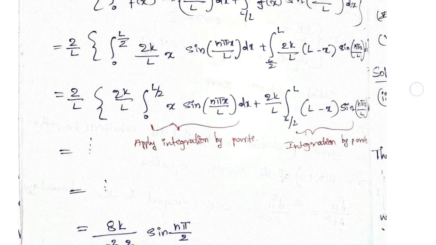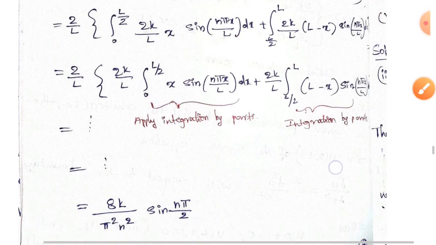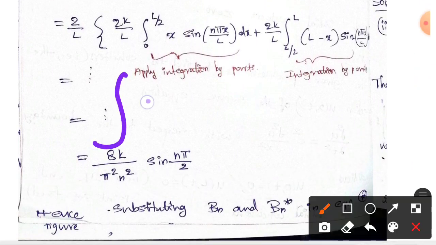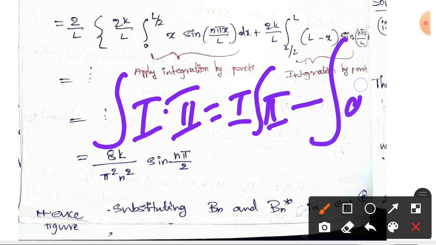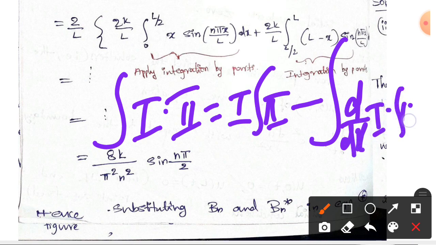So we have to apply integration by parts. What is integration by parts? Integration of first function into second function is equal to first function into integration of second function minus integration of d by dx of first function into integration of second function. This is the integration by parts.